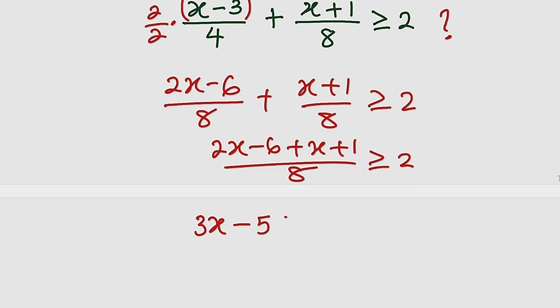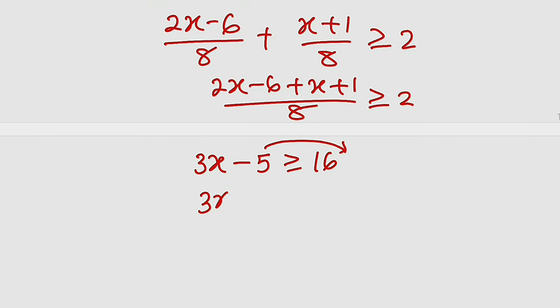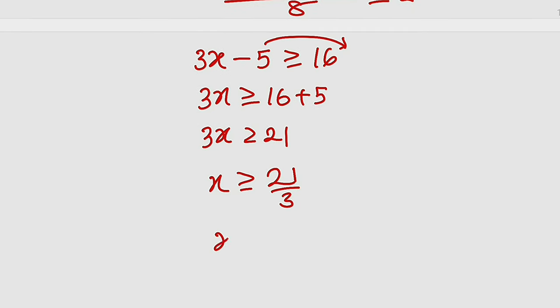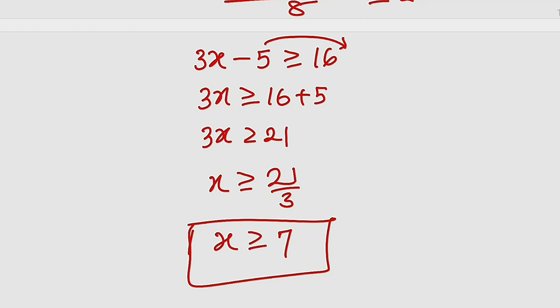And you can cross multiply directly. 8 multiplied by 2 will give us 16. Then you take this one to the other side. We have 3x greater or equal to 16 plus 5, which is 21, right? And if you divide both sides by 3, we have x greater or equal to 21 divided by 3, and 21 divided by 3 is 7. And hence, the solution to this problem is x greater or equal to 7.